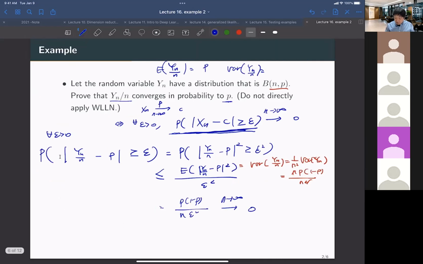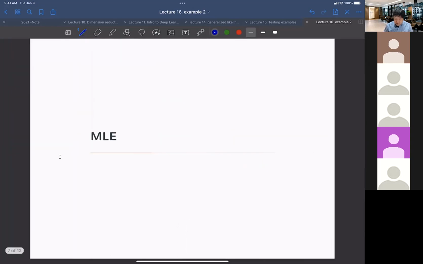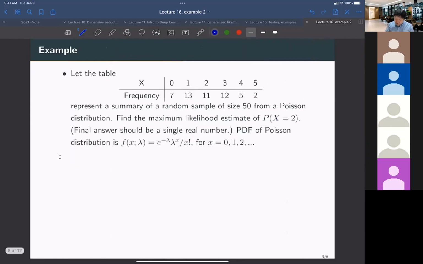Just for practice, I think one of the similar questions was in the homework or midterm. So just for practice. And let's talk about the MLE. So we have a table, a summary of a random sample of size 50 from a Poisson distribution.